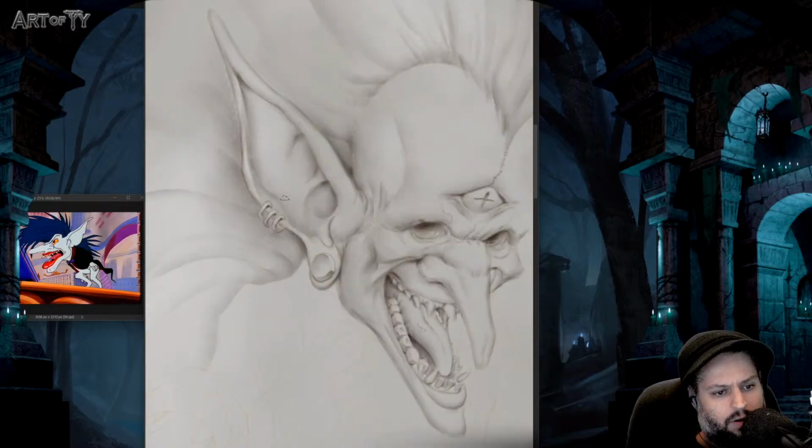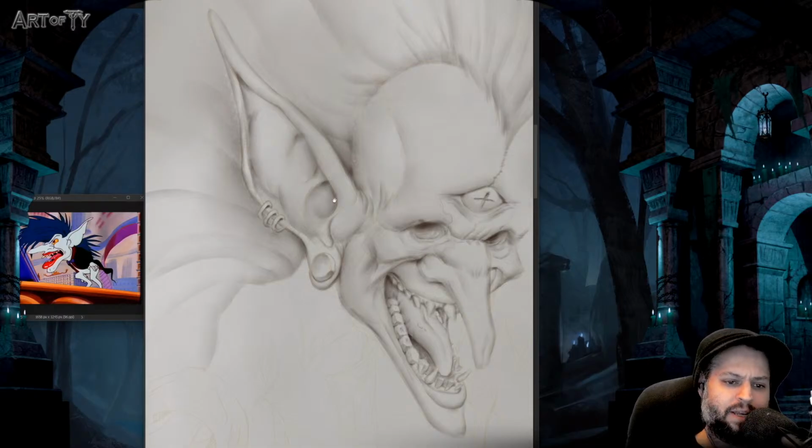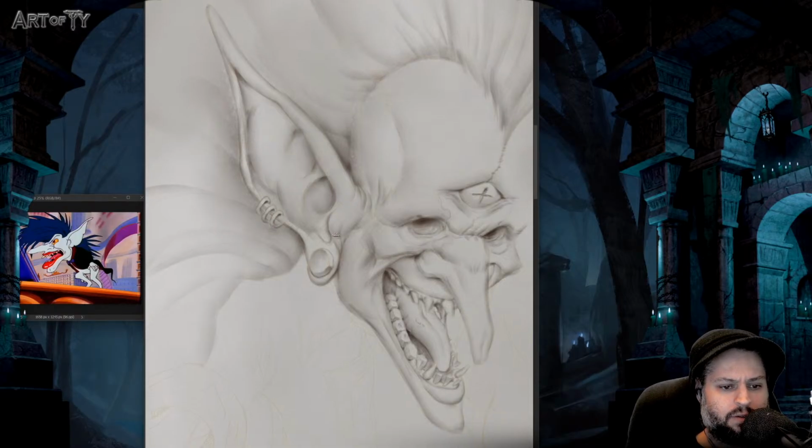I want to do something weirder. I wonder if I should have looked at some bat ears for the details in here. They've got some crazy stuff going on. I can vaguely recall what they've got going on. Get a lot of fun wrinkles in here.